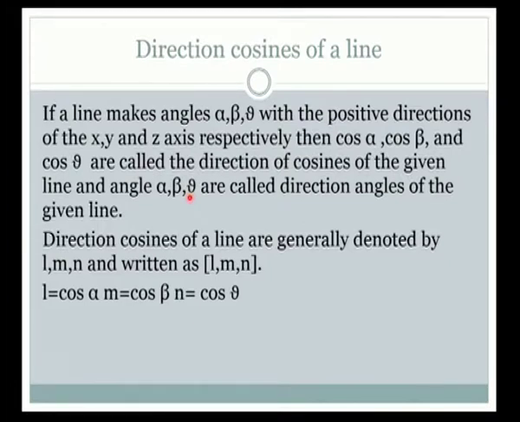Now, direction cosines of a line are generally denoted by l, m, n and written in square brackets as [l, m, n]. l, m, n are the common letters used to represent the direction cosines of a line, where l is equal to cos alpha, m is equal to cos beta, n is equal to cos gamma. This is how direction cosines of a line can be defined.